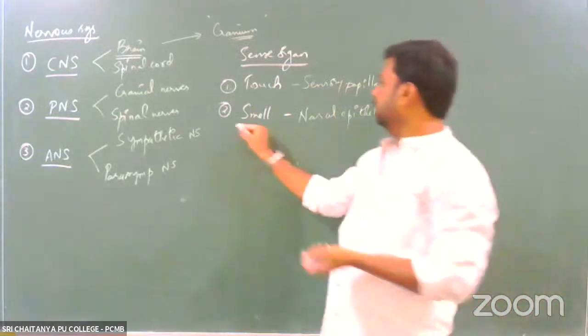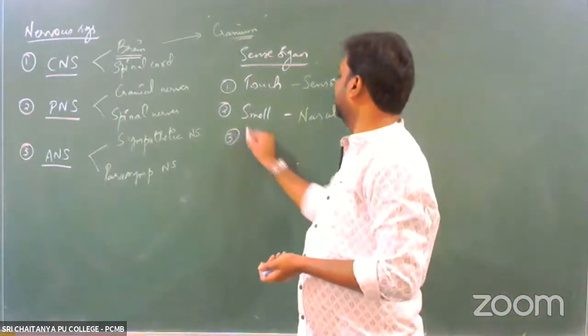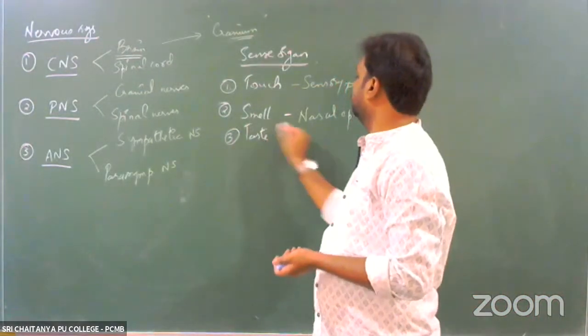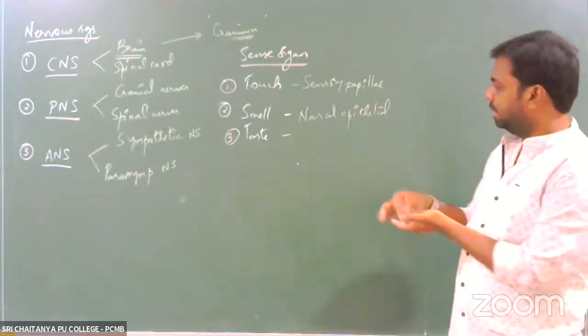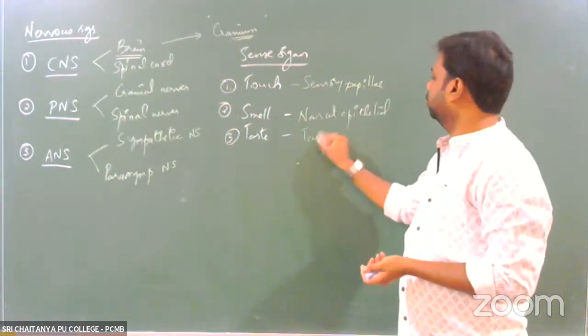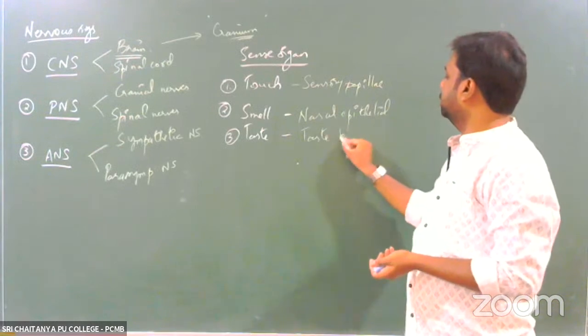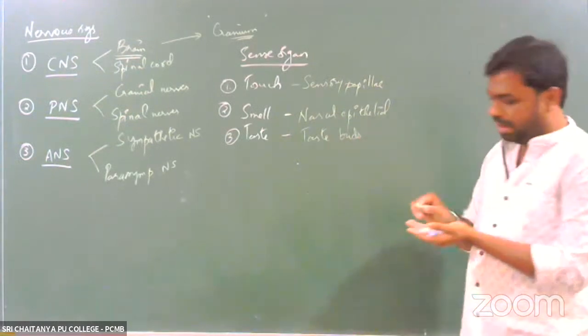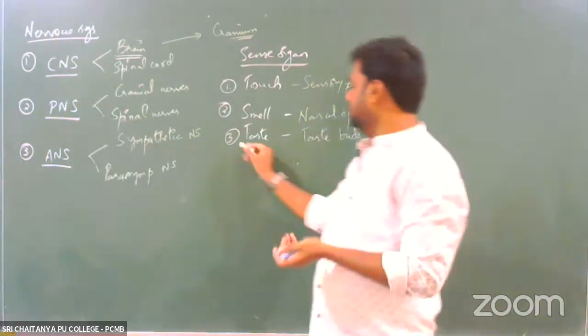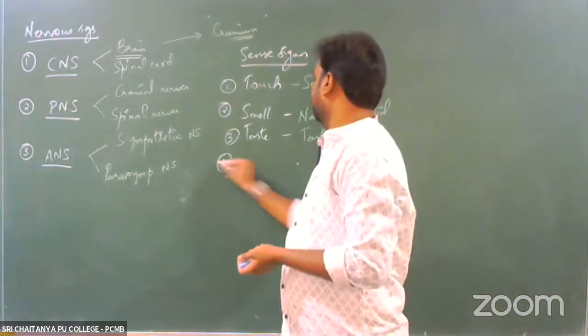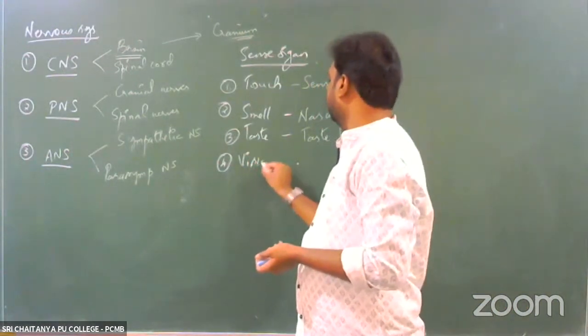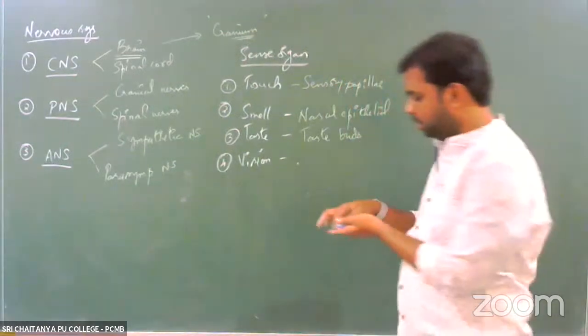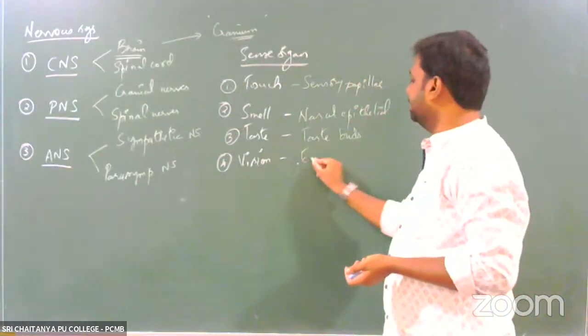The third sense organ is with regard to taste. For taste, they have taste buds. The next sense organ is with regard to vision. For vision, they are provided with large bulged eyes.